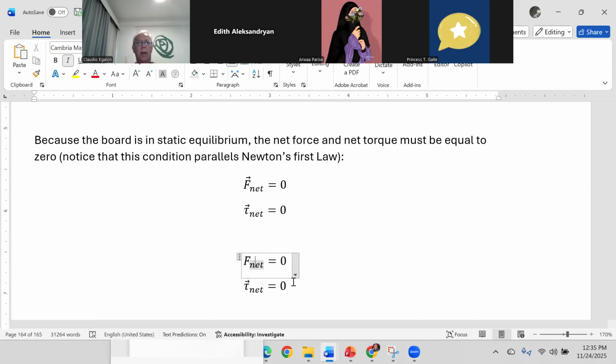Net force is equal to the weight of the diver, which is downwards. That's why I'm putting a negative sign in there. Plus the force that the fulcrum is applying, which is upwards, and the force that the boat is applying, which, by the way, is negative. I'm going to put F sub B, okay?